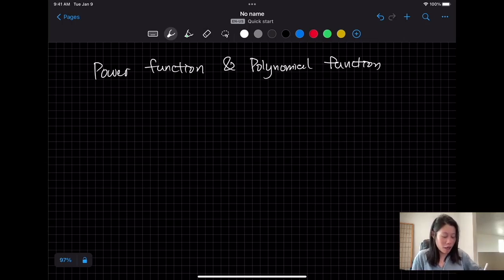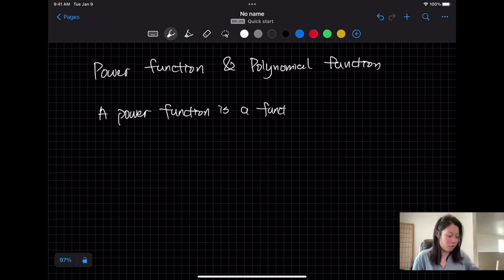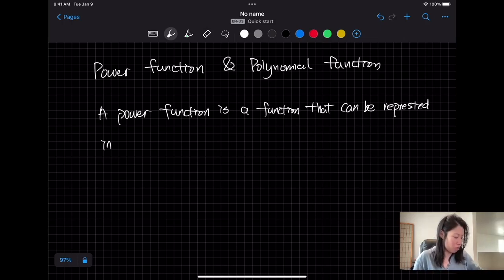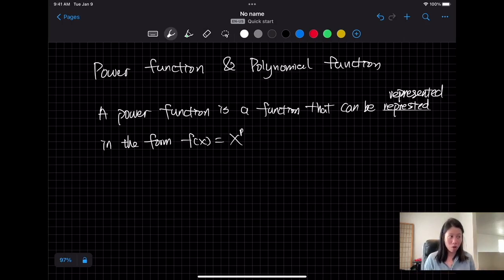So by definition, a power function is a function that can be represented in the form of f(x) equals x to the p power, where the base is the variable and the exponent p is a number.